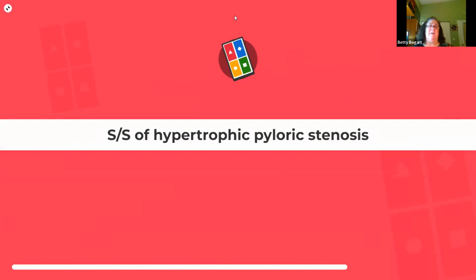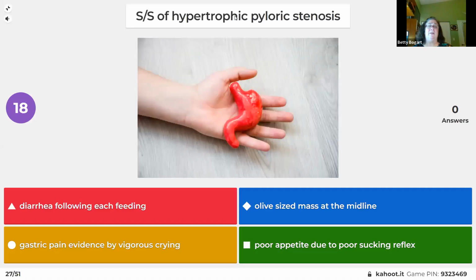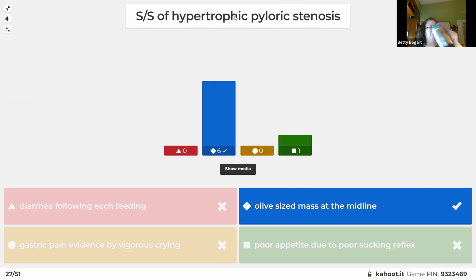Signs and symptoms of hypertrophic pyloric stenosis. Very good. Yes, this is the one that the pyloric stenosis between the low stomach and the small intestines is big and thickened and muscular, and it doesn't allow for food to go down.